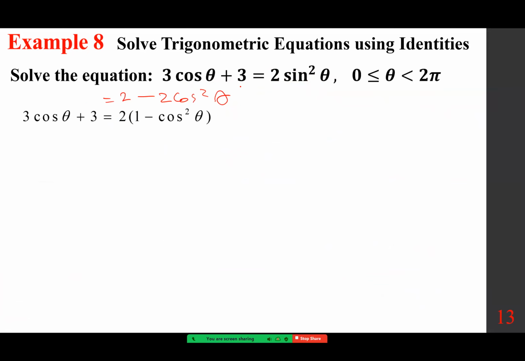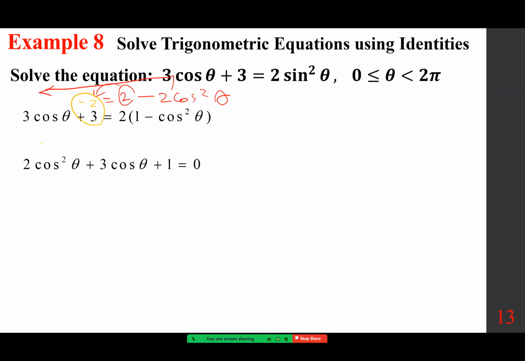When we move this one to the right, we get positive 2 cosine squared theta. When we move this one to the left, my apologies, we get minus 2, and the positive 3 becomes positive 1. So just bring everything to the same side.